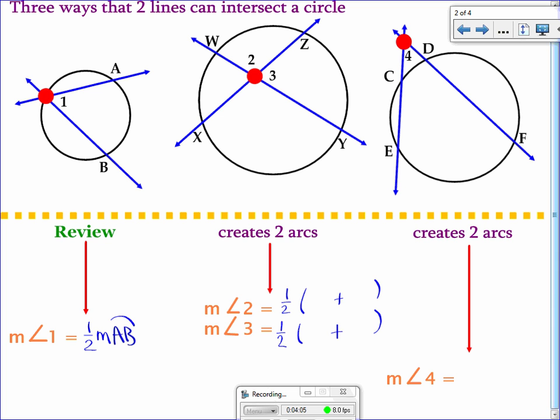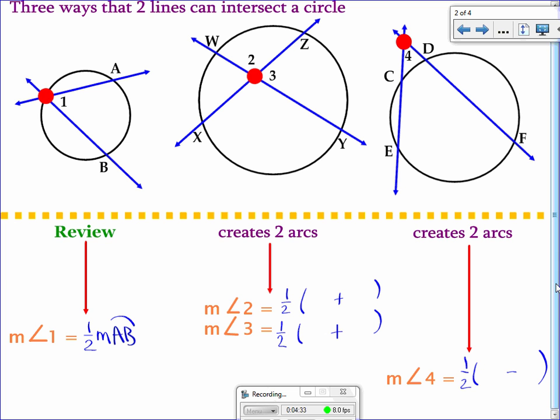The easy way to remember that this one is adding, and when we get here, this one is going to be subtracting, is what symbol you see inside of the circle. When 2 lines intersect inside this circle, doesn't it kind of look like a plus sign? Okay, right in the middle. Right here, it could be thought of as 2 minus signs on the far right here. So we're going to be subtracting in the parentheses. That's the only difference between these 2 formulas.